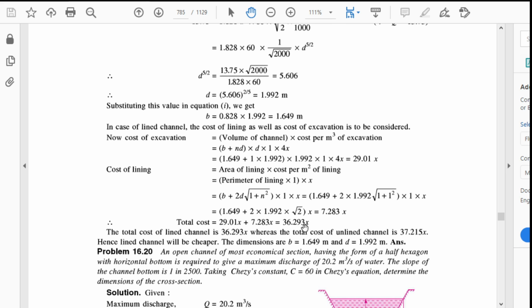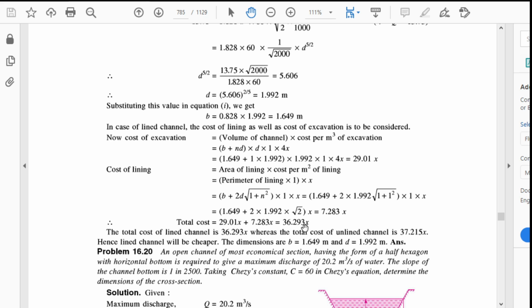So we can directly say that the lined channel is the more economical channel than the unlined channel.